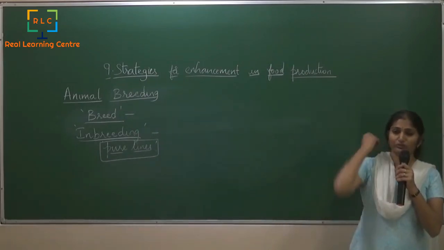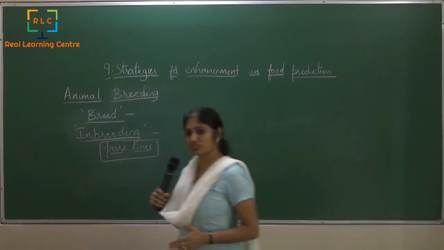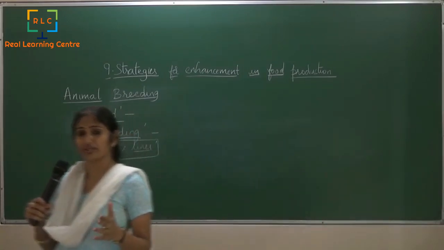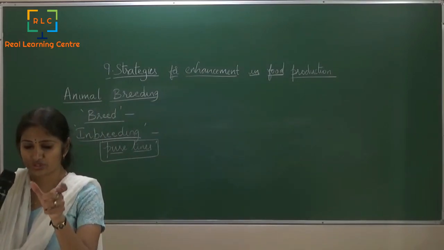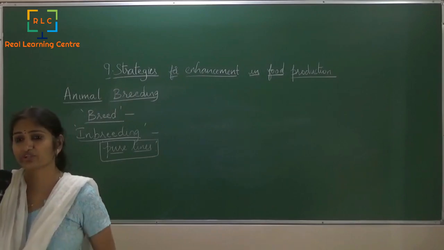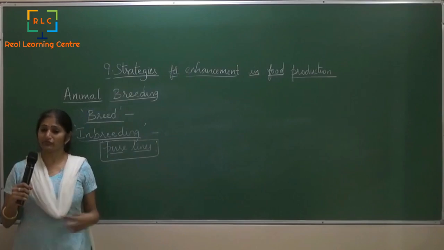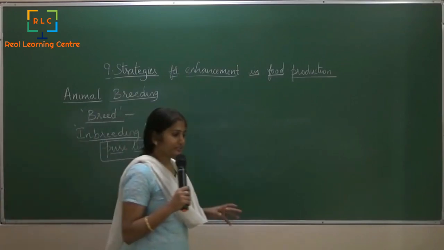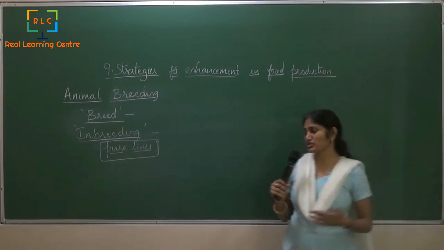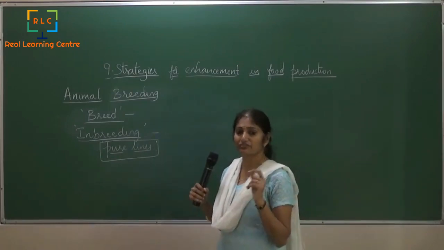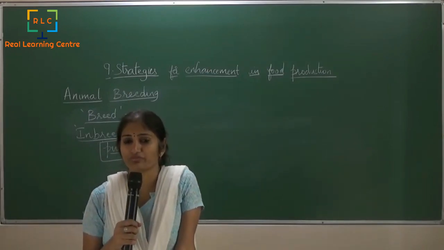Okay. So what we do is we take certain characters, we have mapped the genes to them, and then from there we try to study how the homozygosity condition would be, how the heterozygosity condition would be, and which condition would be the best, and then we try to separate them and see that the homozygosity is achieved, and finally we have a homozygous group of animals.